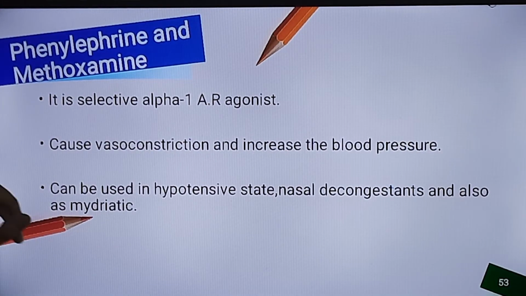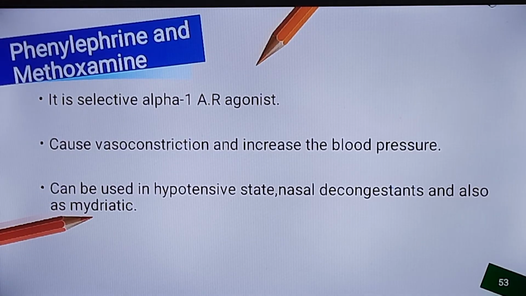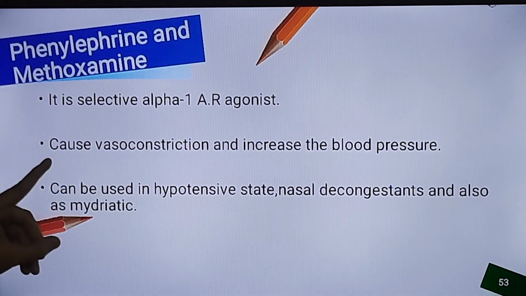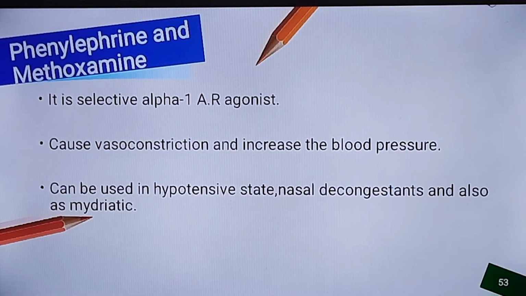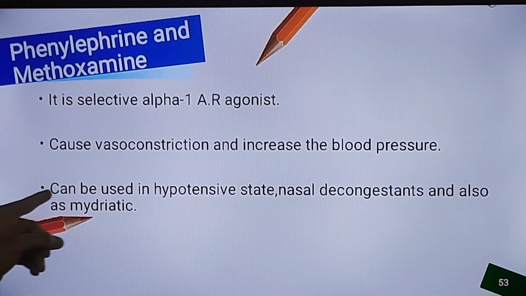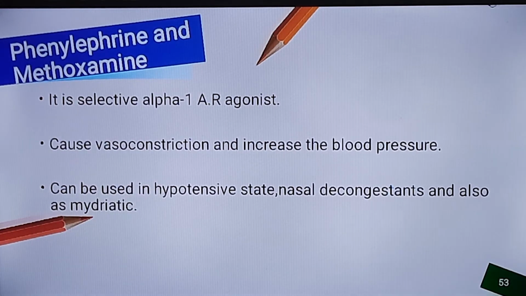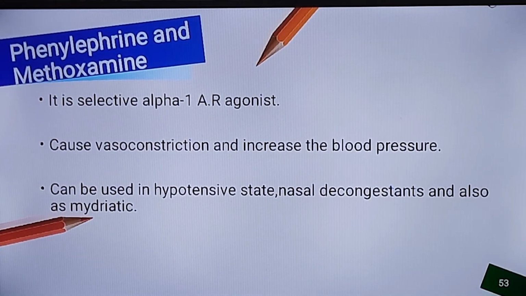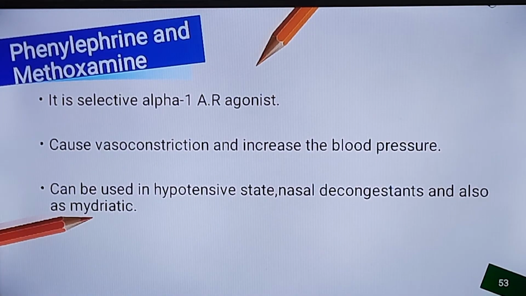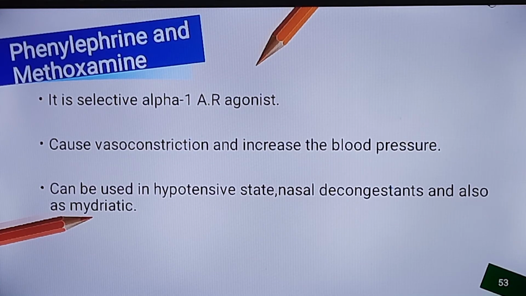Whenever we stimulate our alpha-1 adrenergic receptor, there will be vasoconstriction, and thus it will increase our blood pressure. So these drugs can be used in case of hypotension, that is low blood pressure, in case of nasal decongestant, and also as a mydriatic.